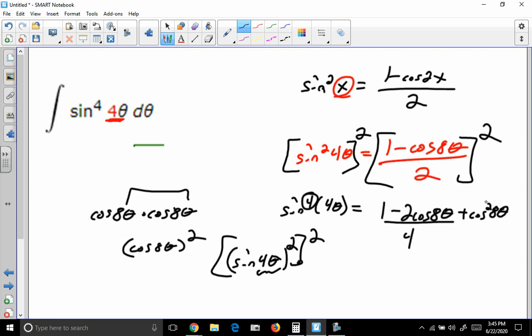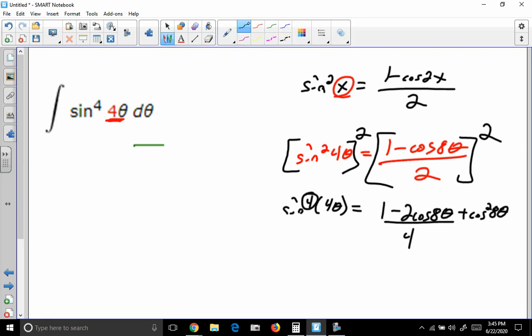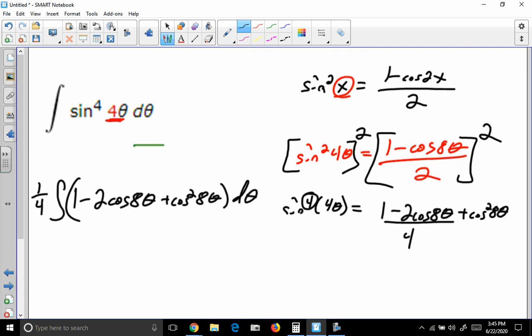That's why this is cosine squared, still 8 theta. So we can bring the 4 out front as 1/4. Integral of 1 minus 2 cosine of 8 theta plus cosine squared 8 theta. And then we have a d theta on the end.